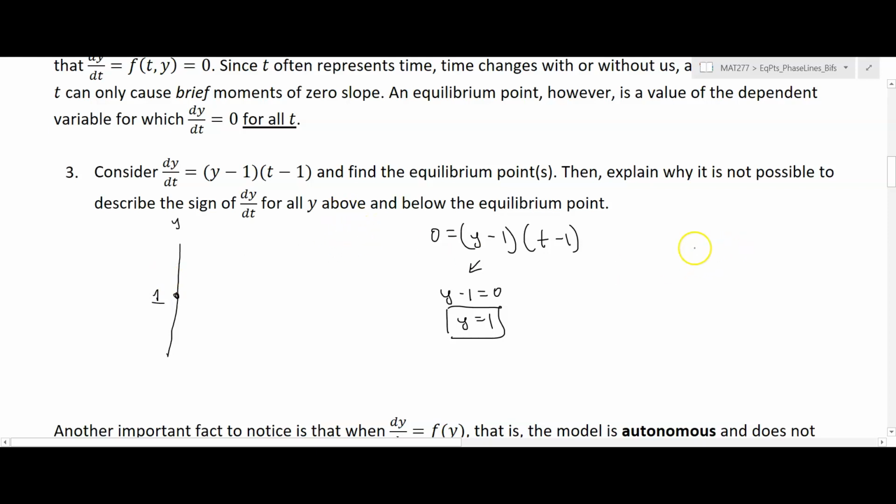Well, if y is bigger than 1, let's say at y equals 2, then dy/dt is going to equal 2 minus 1, which is 1, times (t minus 1). So just knowing that y is 2 does not allow me to conclude that dy/dt is positive or negative, because look at this. If t is bigger than 1, then dy/dt is going to be positive.